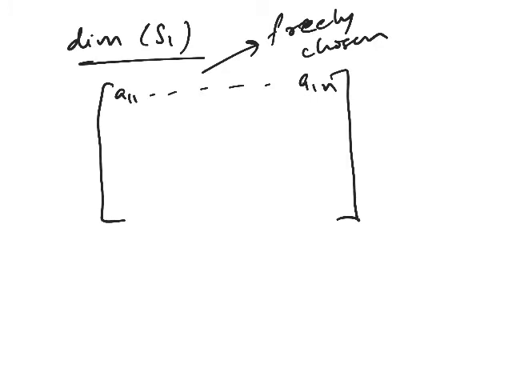So how many free variables in the first row? N. And the moment I choose these free variables, what gets fixed? The first column also will get fixed, since the matrix is symmetric: whatever is there in the first row will come as the first column.